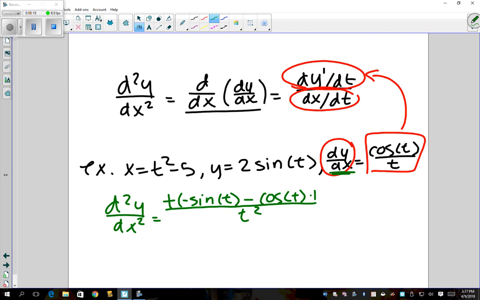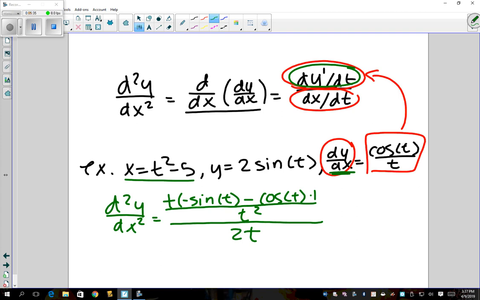So that is the derivative of the derivative of y with respect to t, over the derivative of my original x, so t squared minus 5. And this derivative, if we remember, was just 2t.